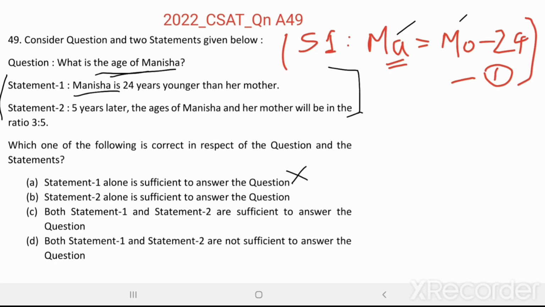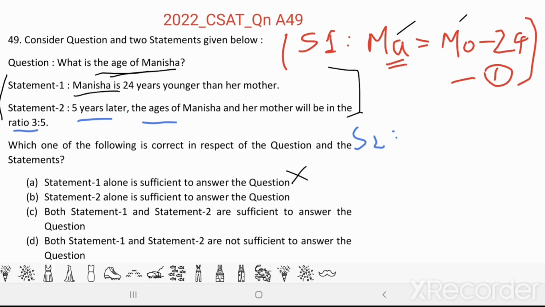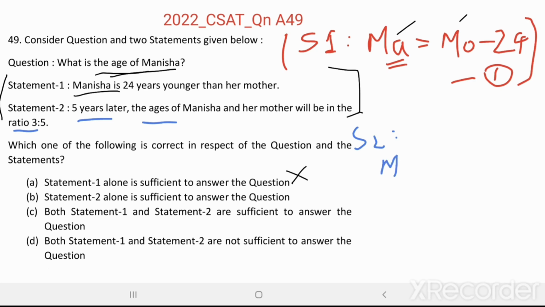Then, see the second statement, S2. 5 years later, the ages of Manisha and her mother will be in the ratio 3:5. 5 years later, Manisha's age will be present age MA plus 5 and her mother's age will be present age MO plus 5, and their ratio equals 3:5.